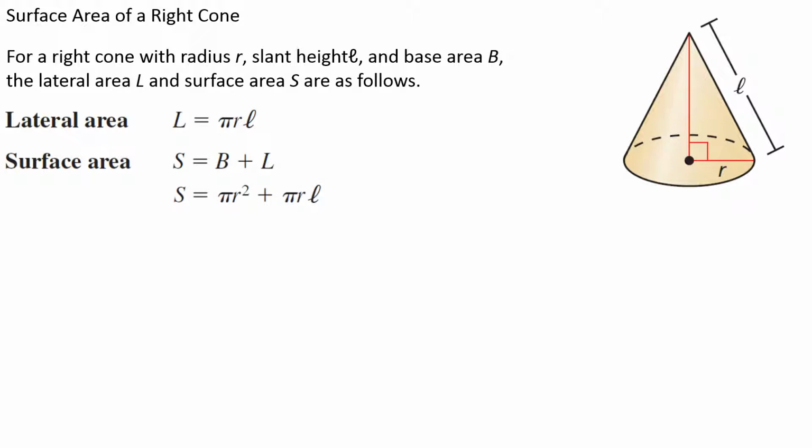So remember, the area of a circle is pi r squared, so the area of the base is pi r squared. Then the lateral area will be pi times r times the slant height.